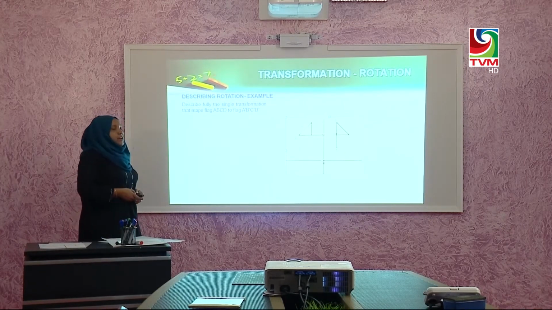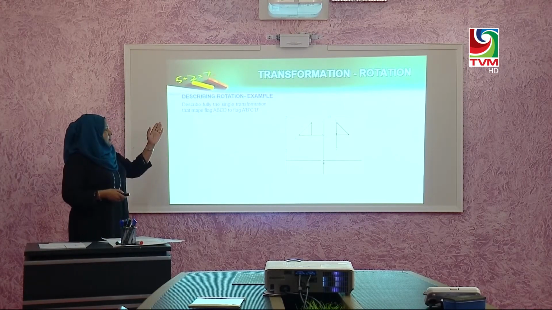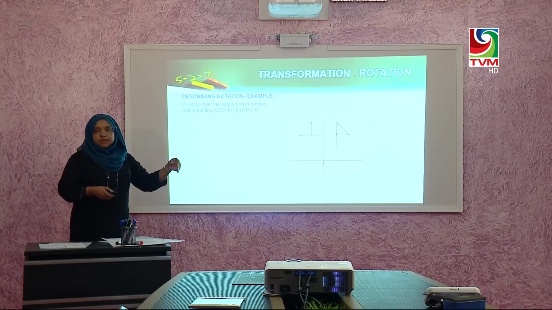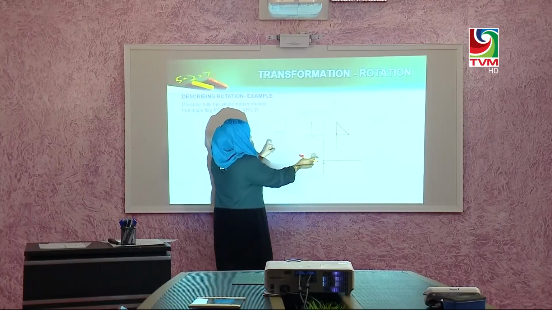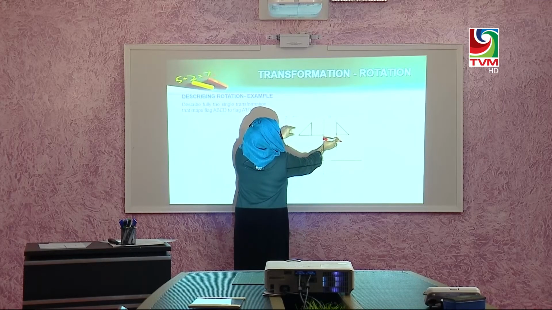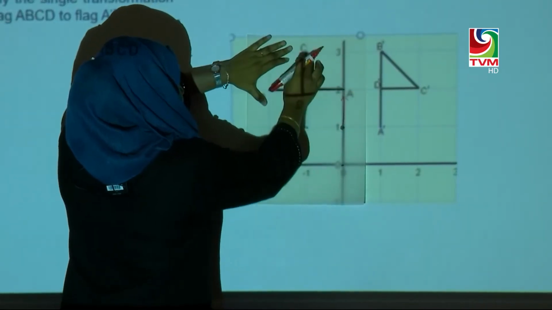So now we know that this is a clockwise rotation, and we know that the center is 0, 1. Now we need to find the angle of rotation. To do this, place your tracing paper over the object and trace the outline.